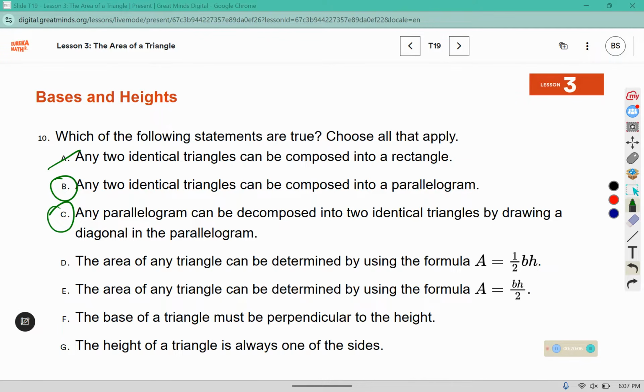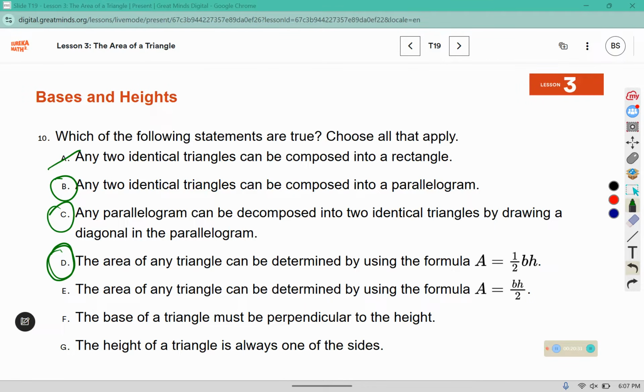The area of any triangle can be determined by using the formula A equals 1/2 base times height. Yes, we saw that. In a rectangle, we get right triangles, and in other parallelograms, we can have acute or obtuse triangles, but it works for all types of triangles.